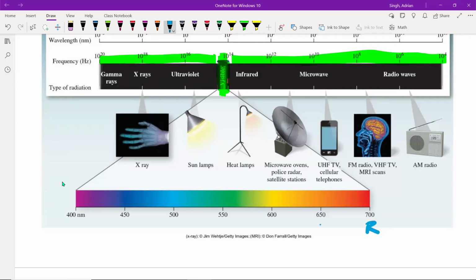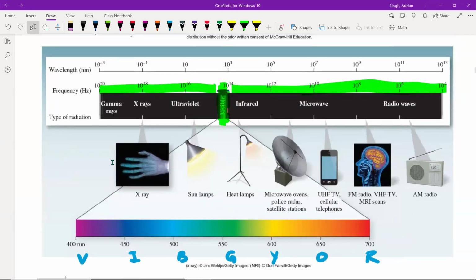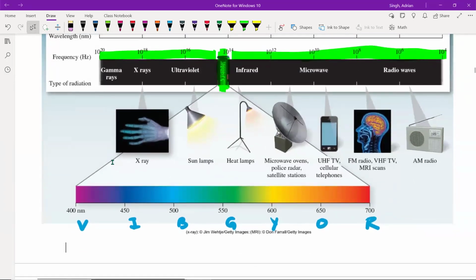So we've blown it up down here, but it really only makes up a very small percentage of the EM radiation spectrum that we have. And the light that we see is composed of several different wavelengths of light.